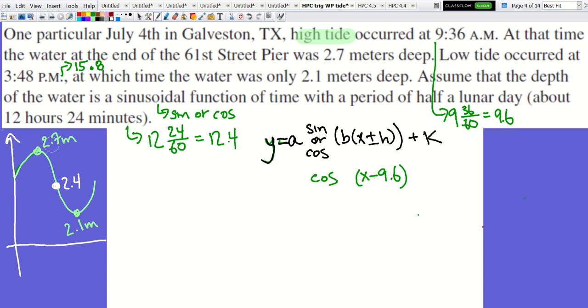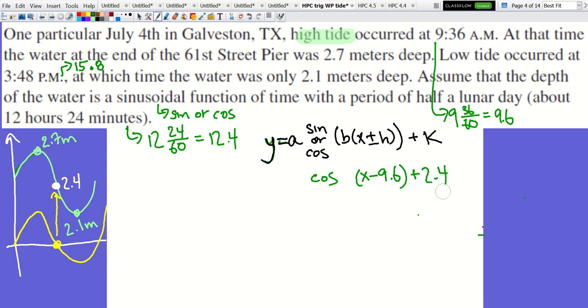The reason that's important is because I want to take us back to the original function, which looks like this, and analyze it from this standpoint. How many units did the yellow function shift upwards vertically in order to get to 2.4? The answer is 2.4. You need to shift the yellow graph 2.4 units up so that the yellow becomes the green graph. So that is why K is going to be plus 2.4.